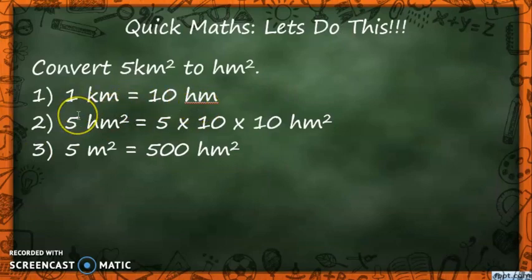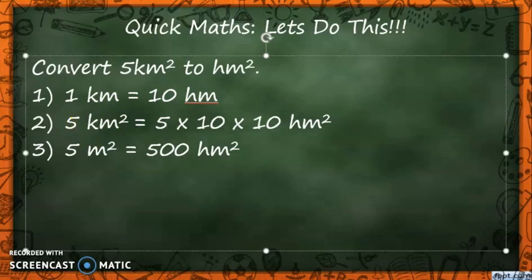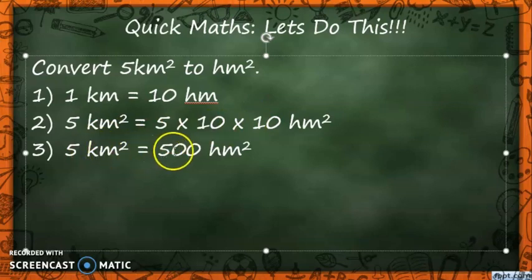Alright? So that means that if we're looking at 5 kilometers square, we will then put back the 5 and then multiply the 10 by itself twice, giving us 5 kilometers square equals 500 hectometer square.